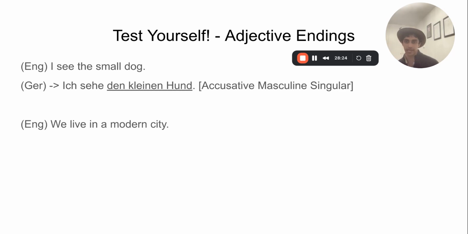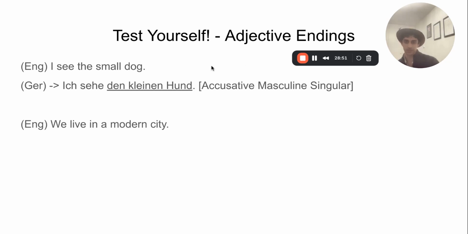Again, you'll have to think of the case of a word like city, and also note that here we have the indefinite article, then an adjective, and then a noun. So try and think of which pattern that follows. And then put everything in the right form. Quite a bit to think through, but with practice, it does get easier.